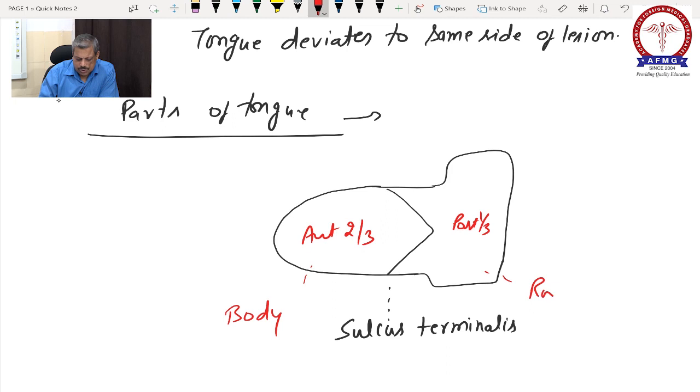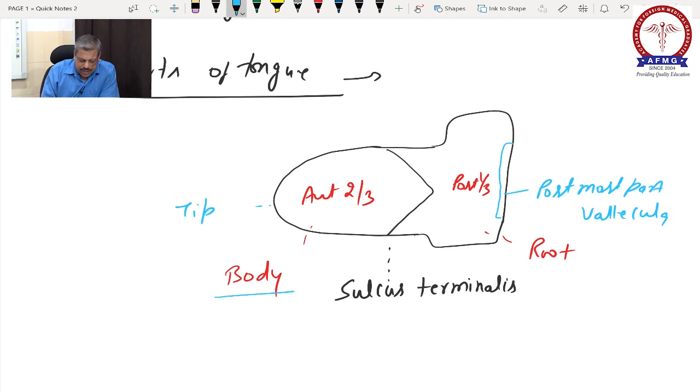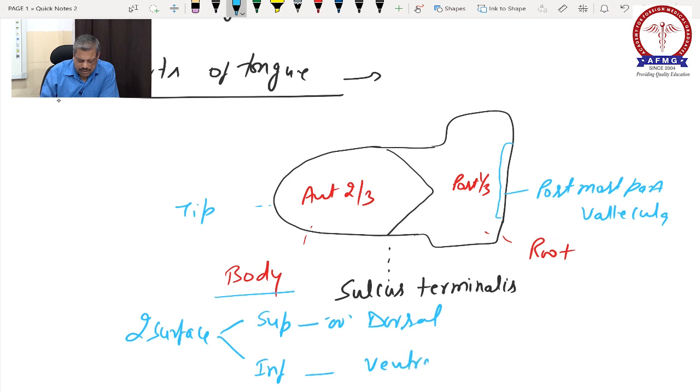Posterior 1/3, this is known as the root of the tongue. And the posterior most part of the tongue, this is known as vallicula. The anterior most part, this is known as the tip of tongue. So this body, which is the anterior 2/3, it has two surfaces, the superior surface or the dorsal surface, and the inferior surface or the ventral surface.